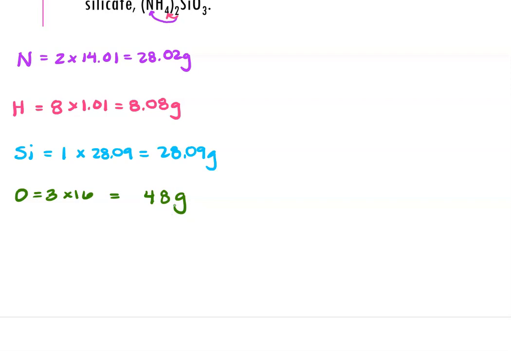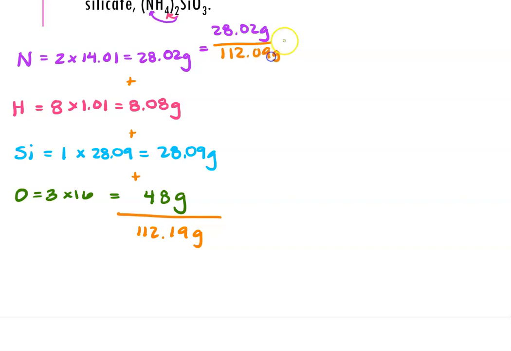All right, so I have 4 elements this time. It's not a big deal. Just means it's a little bit more adding, and the total I get down here is going to be 112.19 grams. All right, so we do the same thing that we've done previously. Divide each one by the total mass times 100.